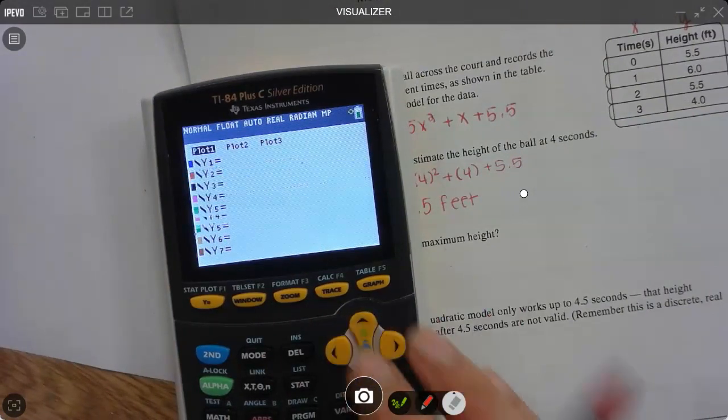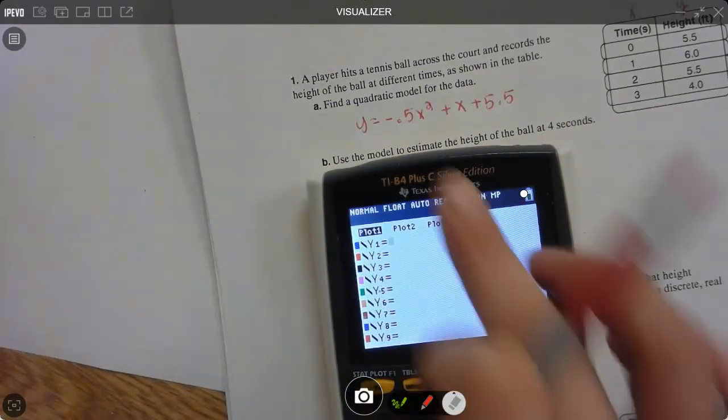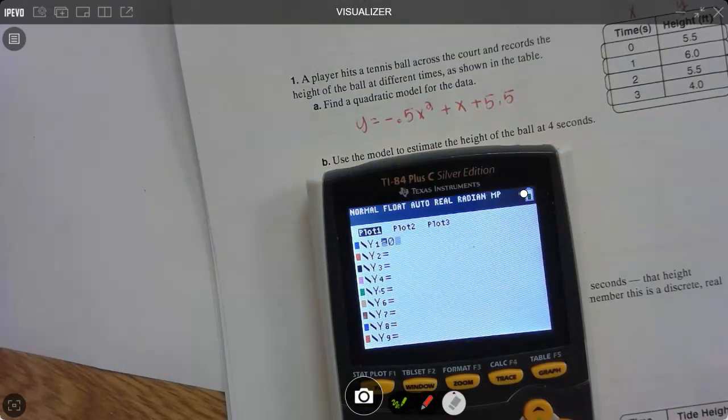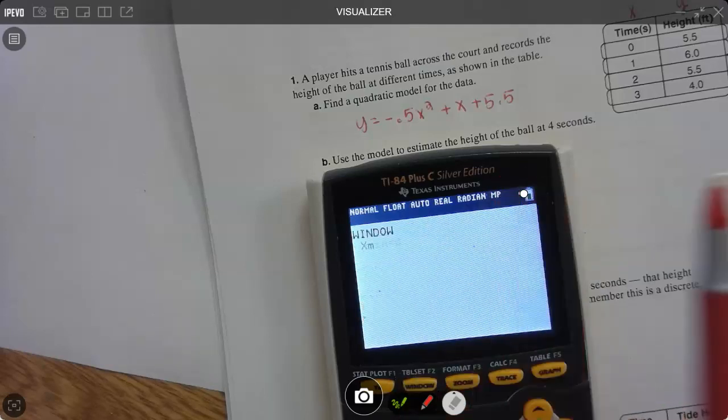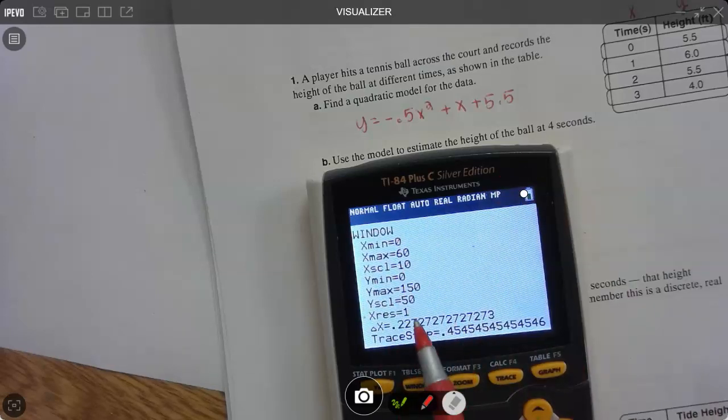So I'm going to clear out y1 and y2. I'm going to enter that equation in my y1. I'm going to hit graph after I fix my window because my window is still on the previous data.